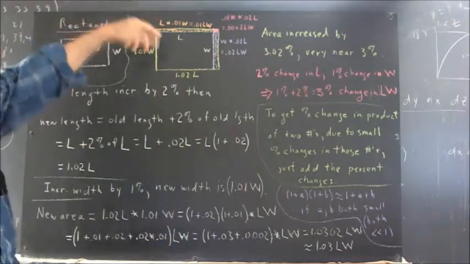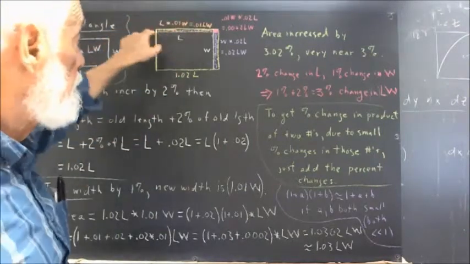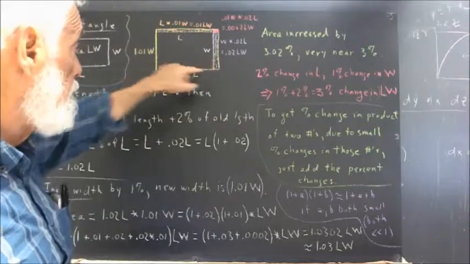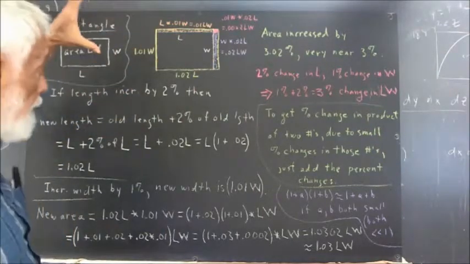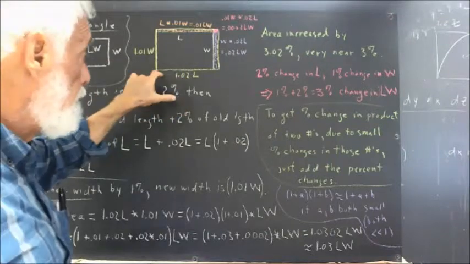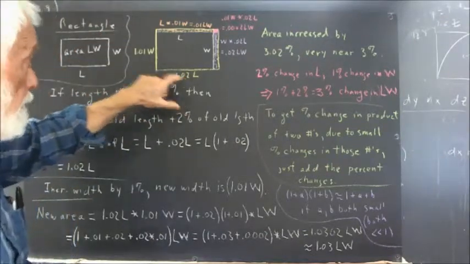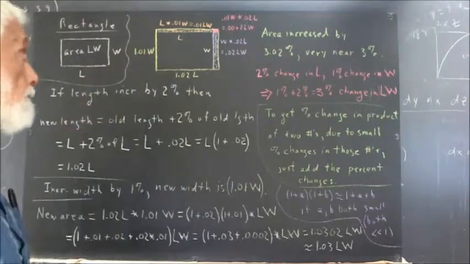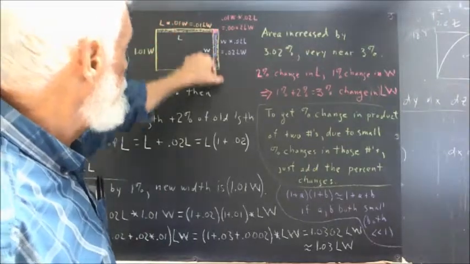Okay, and there's a geometric picture here. We have our original rectangle, which is in the black here, that's L by W. And then we have the expanded rectangle where we've increased the length by 2% and the width by 1%, giving us length 1.02 L, width 1.01 W. And then we've got these little strips along the edges.